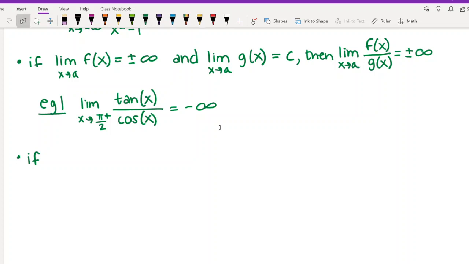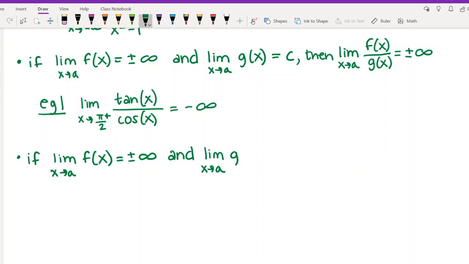Now, let's talk about situations where maybe you actually can't tell. So let's say you have a situation where the numerator has a limit of plus or minus infinity, and the denominator also has a limit of plus or minus infinity.